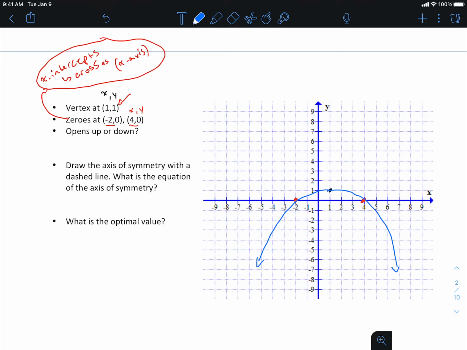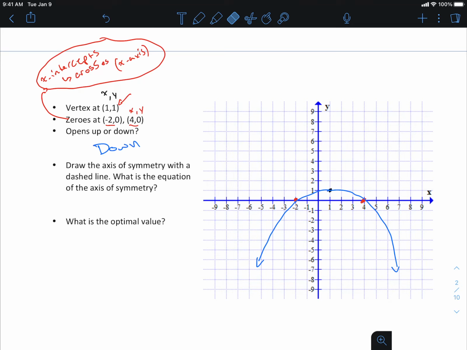Well, does that open up or down? It opens down, right? Because it's frowning. Those aren't points, by the way. Those are just eyes. Okay, it's opening down.